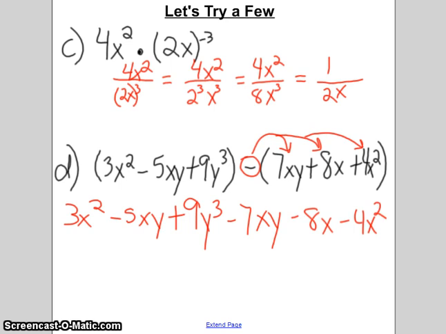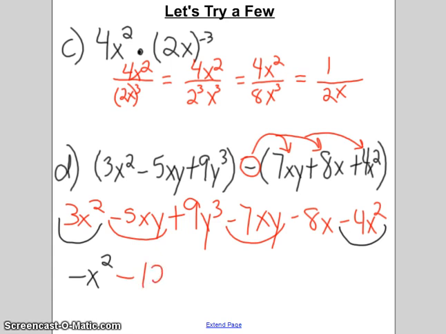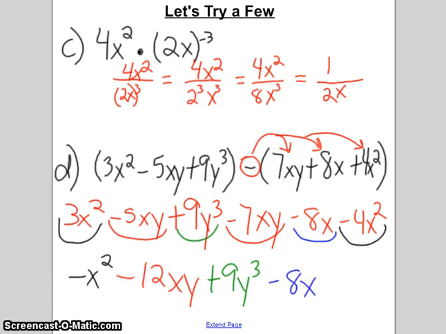Now I want to combine my like terms. I have x squared and x squared. That's negative 1x squared. I have negative 5xy, negative 7xy. That's minus 12xy. And then if I look, there's only one y cubed, so that's plus 9y cubed. And then I look, there's only one negative x, so minus 8x.